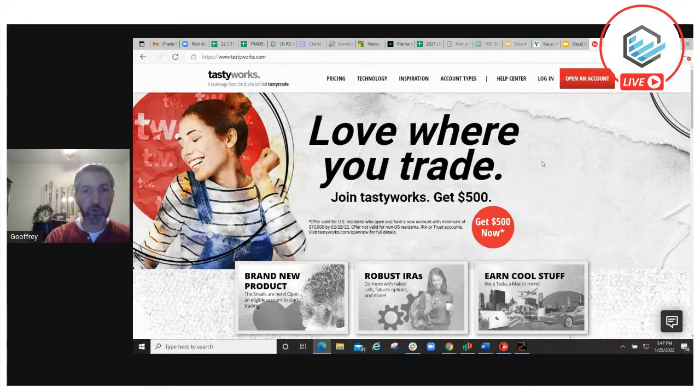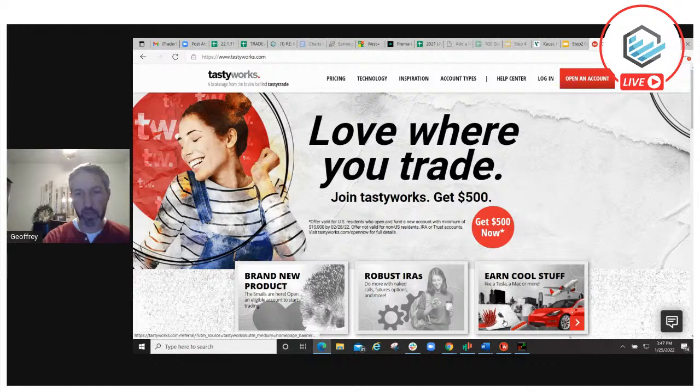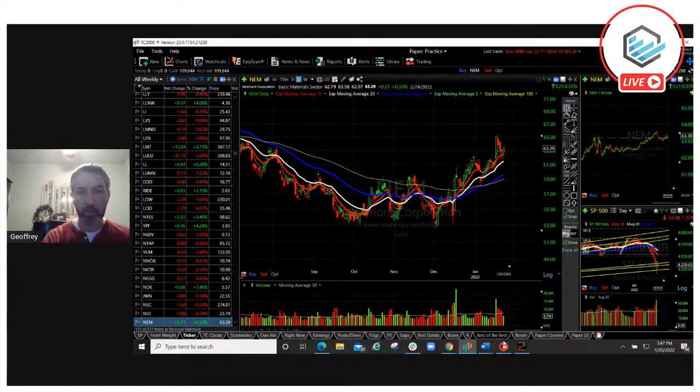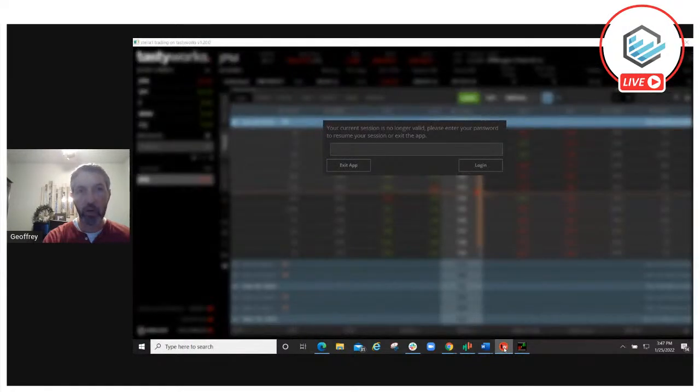And then you would essentially go through the same process, but you would just have to add an extra step here. You would go from your charting software, you would log into your broker, and then once you logged into your brokerage, now you would go through those same steps to then purchase your shares from your brokerage account.